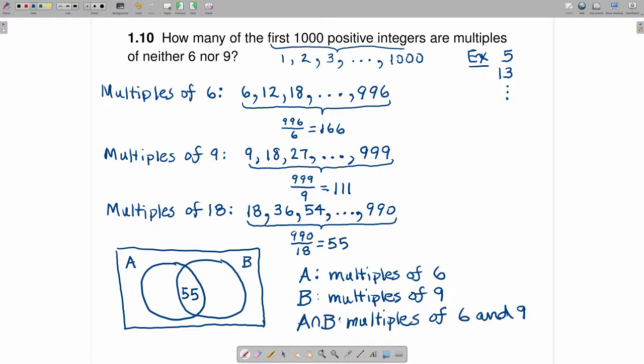Furthermore, if you want to know how many go over here in this section, those are multiples of 6 that are not multiples of 18. So for example, 6 and 12 would go over there. All we have to do is make sure that this number 55, the number in this intersection, plus the number that show up over here, add to 166.